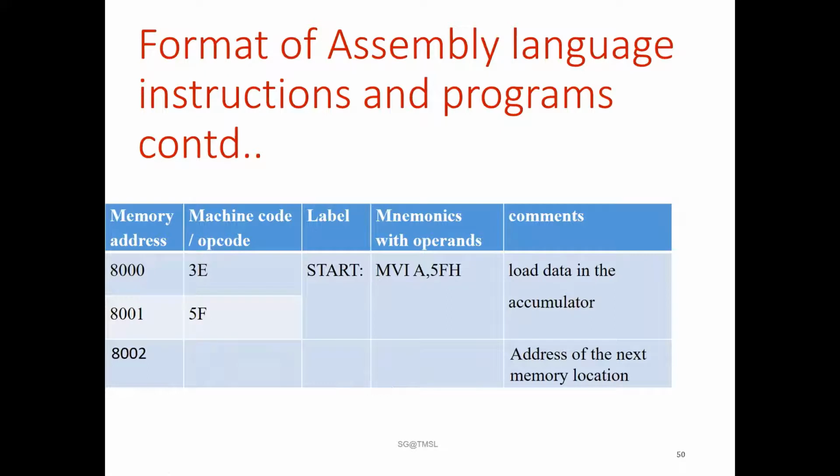Okay. And what is a label? Label means you can give a name to that particular instruction address. Initially, when I would like to write any program, any logic, I need to first write the instructions. At that time, we don't need to consider the machine codes or memory addresses. Simply write down the instructions one by one.